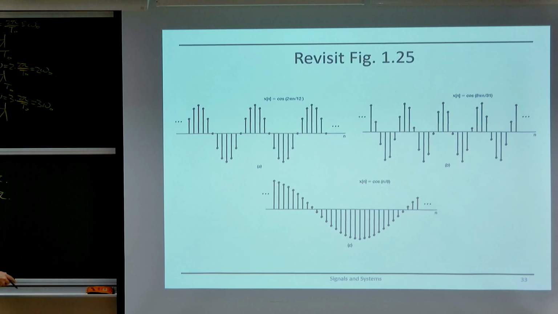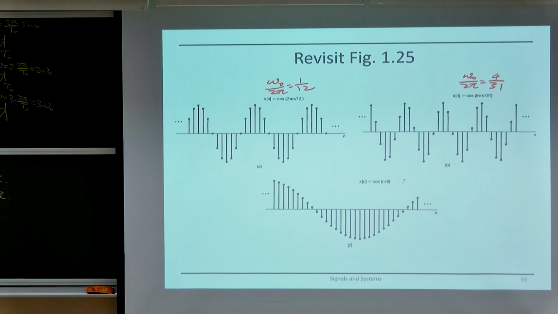So these are the 3 discrete time sinusoids that we looked at before. This has a frequency omega naught over 2 pi that is equal to 1 over 12. Here we have omega naught over 2 pi that is 4 over 31.